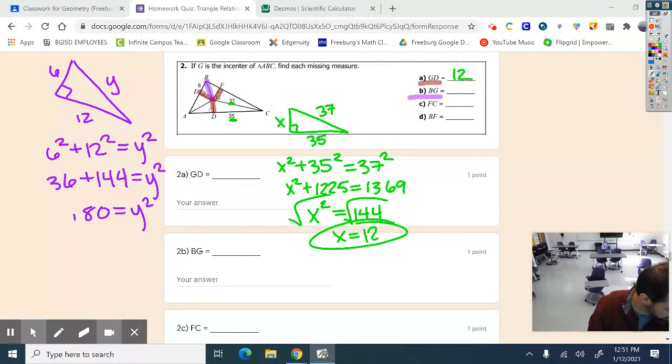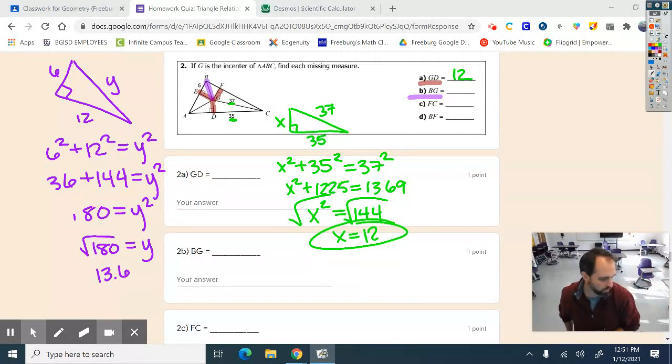square root of that is, I don't know what, 13.6 maybe, something like that. Or again, if we did reduced radical form, what could we do?